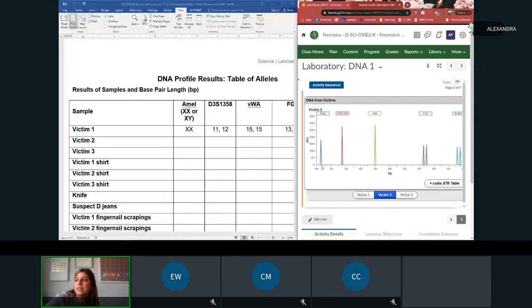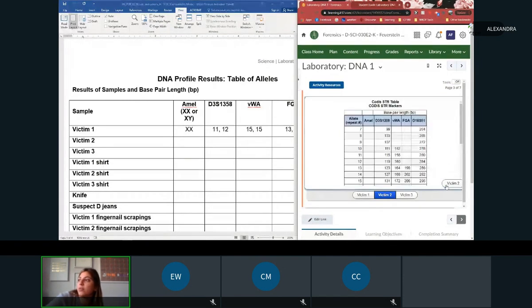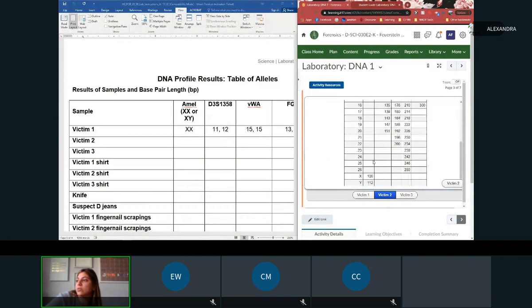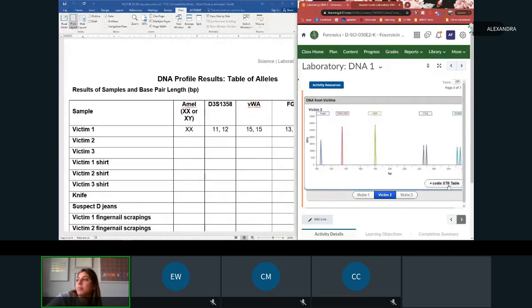So 106, if we use the table for the animal and scroll down, 106 is an X. There's only one peak, meaning they have two X's. So our victim is going to have XX in this spot. And that's what you're going to do for the DS3 and for the rest of the markers for each one of these.